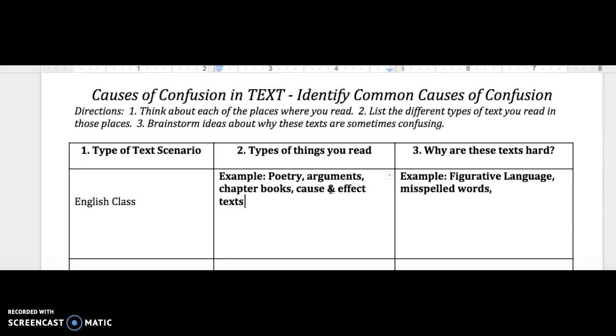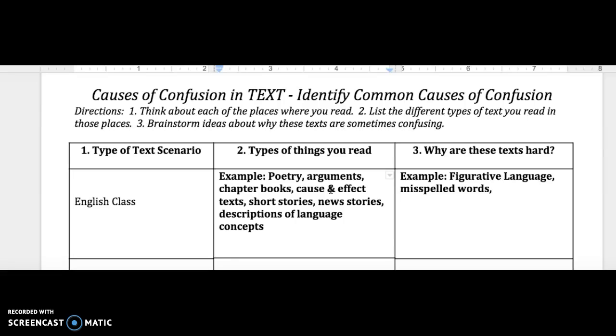These are all types of things that my students came up with for types of text that they read in English class. So we can read short stories in English class, news stories, descriptions of language concepts, and other stuff too.